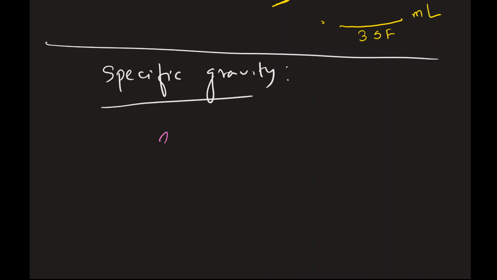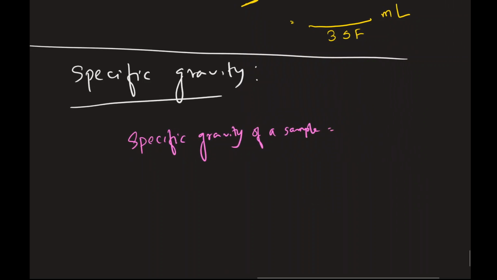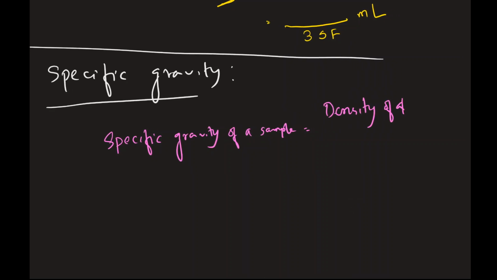So specific gravity of a sample equals density of the sample, because we already defined it, divided by density of the water.